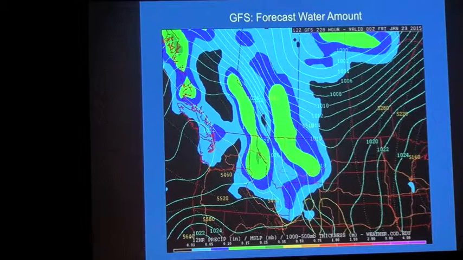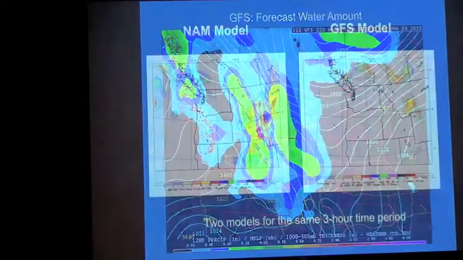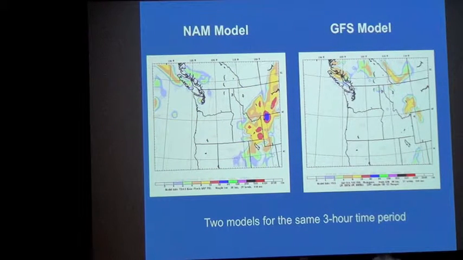So I always go back and look at that first before I consult any snowfall forecast maps. And like I said earlier, there's probably seven different working models right now. There's two that I consult more closely than others. One being the North American mesoscale model, and there's different versions of that. And then the Global Forecast System model, the GFS model.